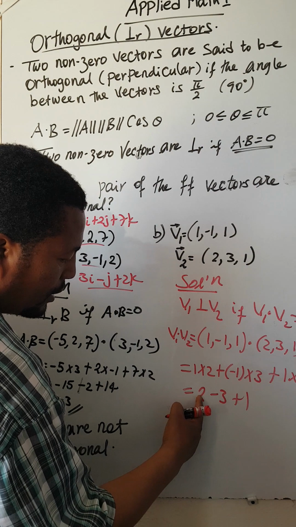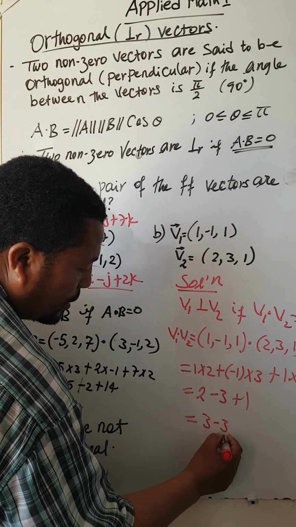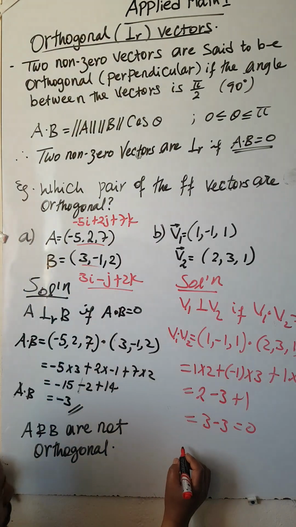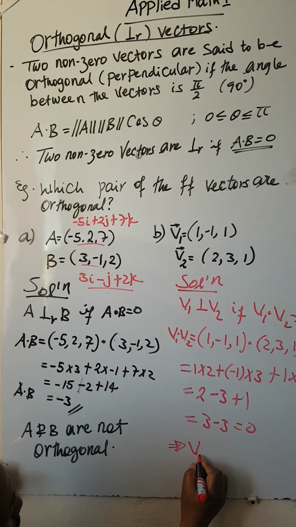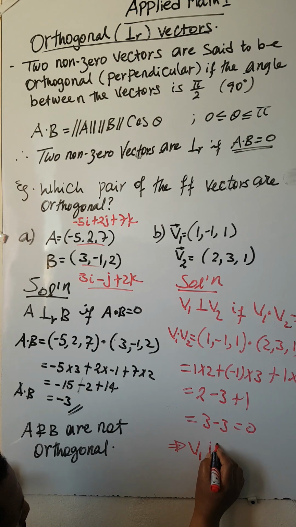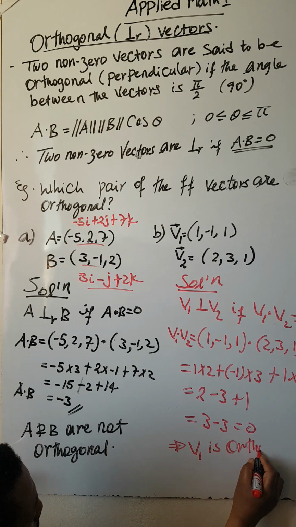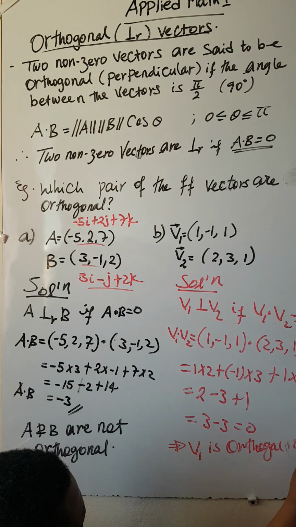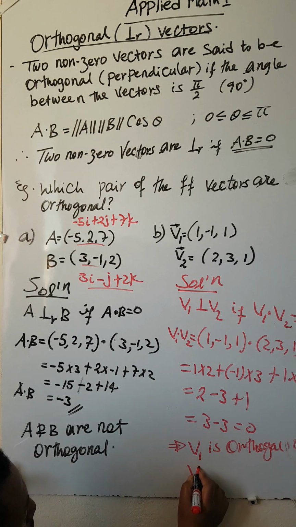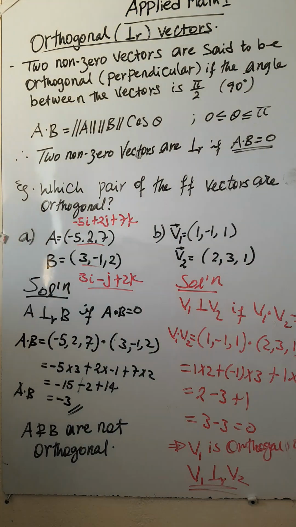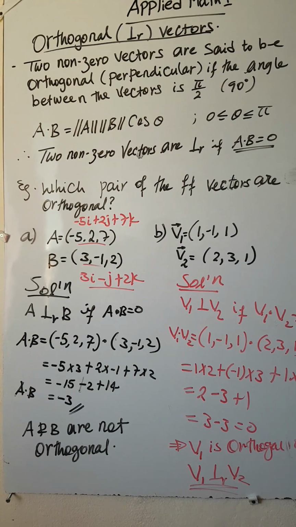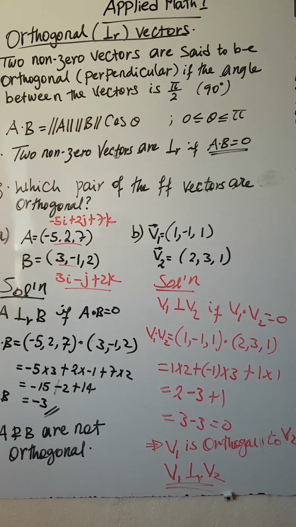Positive part ብናይ 1 plus 2 is 3 minus 3 this is equal to 0. ይሄ ምን ማለት ነው this implies vector v1 is orthogonal to v2. Okay, v1 is perpendicular to v2.